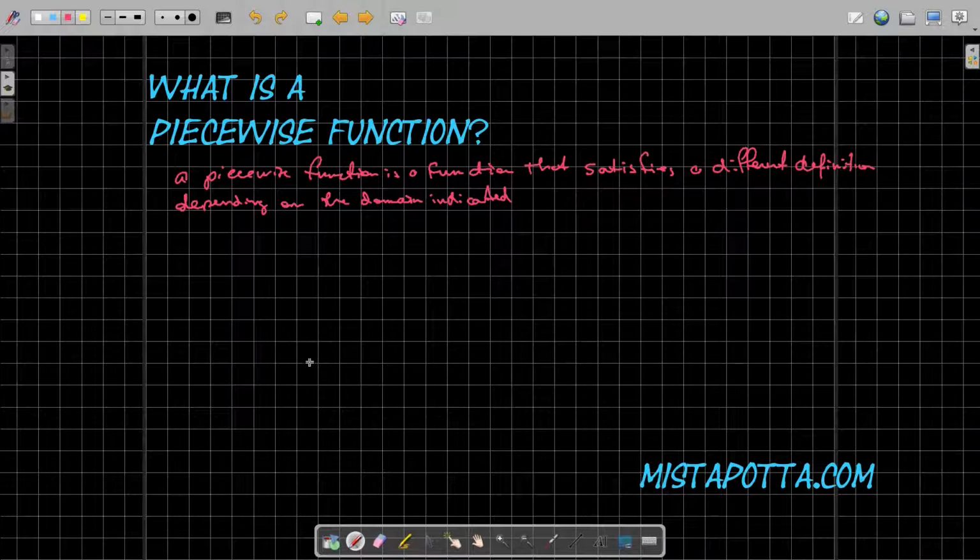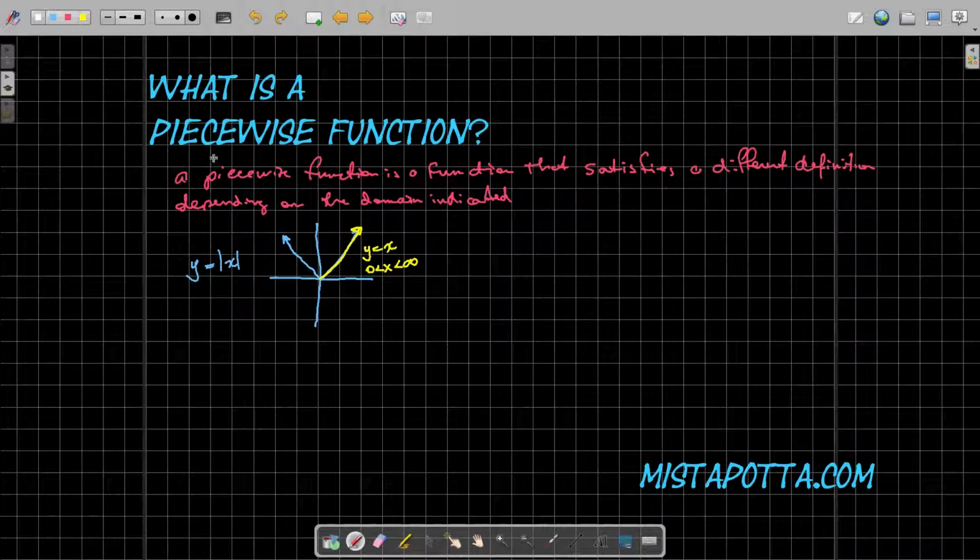And one of the biggest ones that we see is the absolute value function, y equals the absolute value of x. And we're familiar with what the graph of y equals the absolute value of x looks like. It looks like a line that's been bent. But I can really think of this as two different parts. I can think of it as this part here, just y equals x, but on some domain.